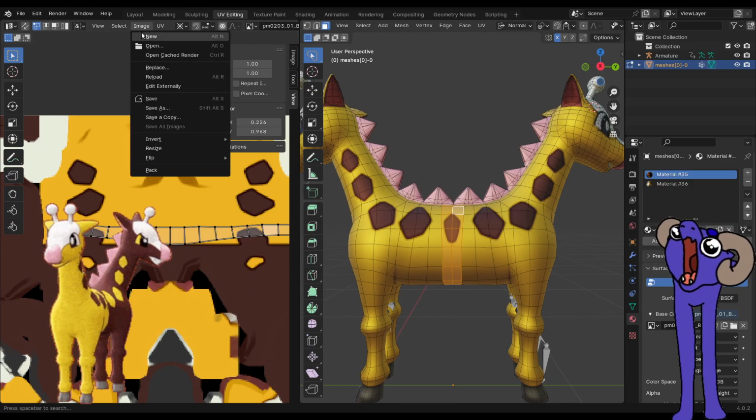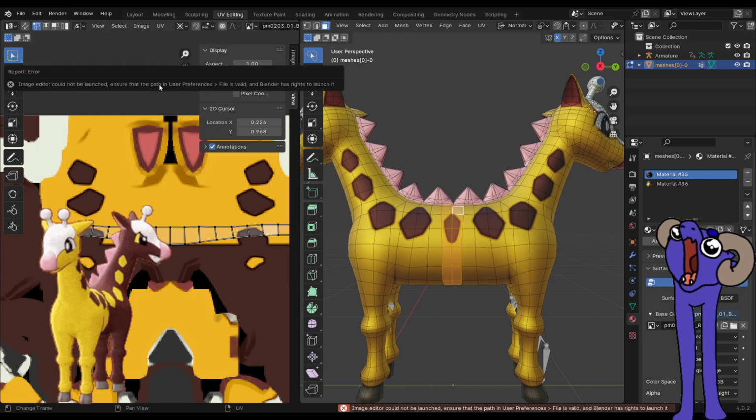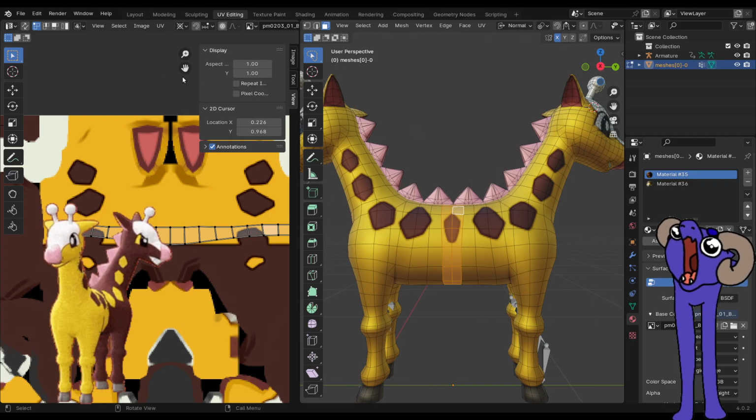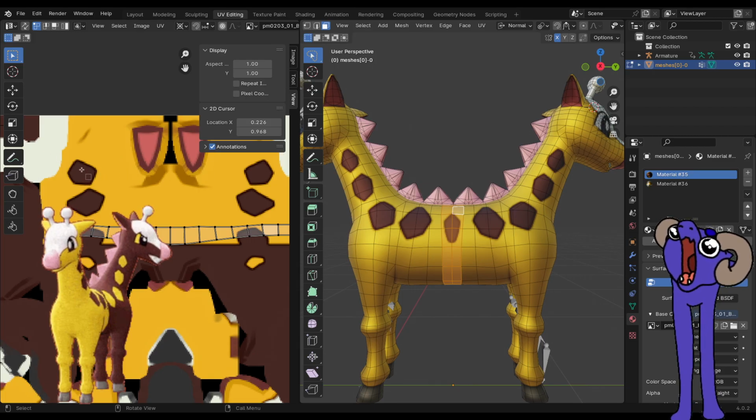So I could just go to Image, Edit Externally. Oh, never mind. Blender apparently does not have the right to open up Creature files. So we're going to go to Girafarig, Images, we're going to save a backup, and we're going to open with Creature. And we're going to just select here.